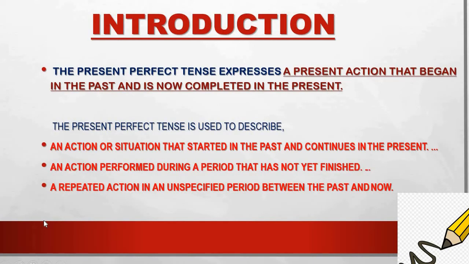The present perfect tense expresses a present action that began in the past and is now completed in the present. Here we are talking about why present perfect tense is used and on which occasion we have to use this tense.